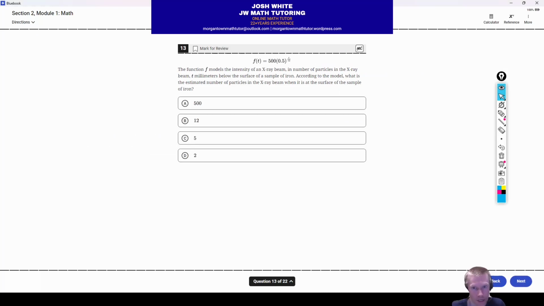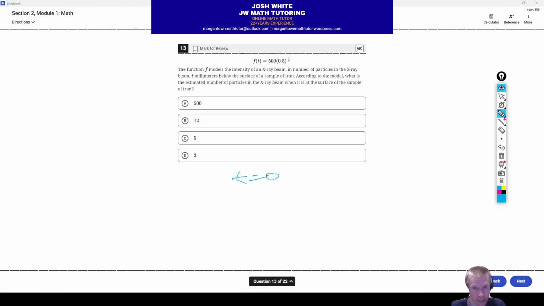Next, we have an exponential function here. And they just want to know, essentially, for this, it's like knowing what the y-intercept is. In other words, when t is equal to 0, because it says what's the number of particles when it's at the surface of the sample? Well, at the surface would mean 0 millimeters below the surface.